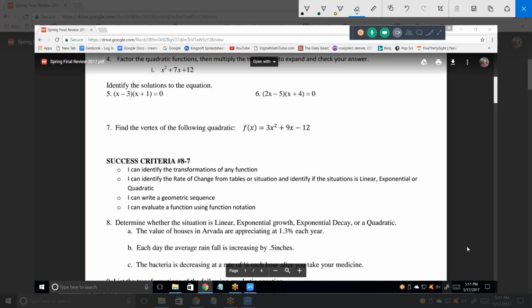In algebra, if you have two things multiplied together, there's one thing, there's another thing, and it equals 0, that means one of those things has to be 0. That is the most important rule in all of algebra. If you learn one thing from algebra only, that should be it. If you're multiplying multiple things together and you get 0, one of the things has to be 0. So the way I solve this is I set each one to 0 and then I solve.